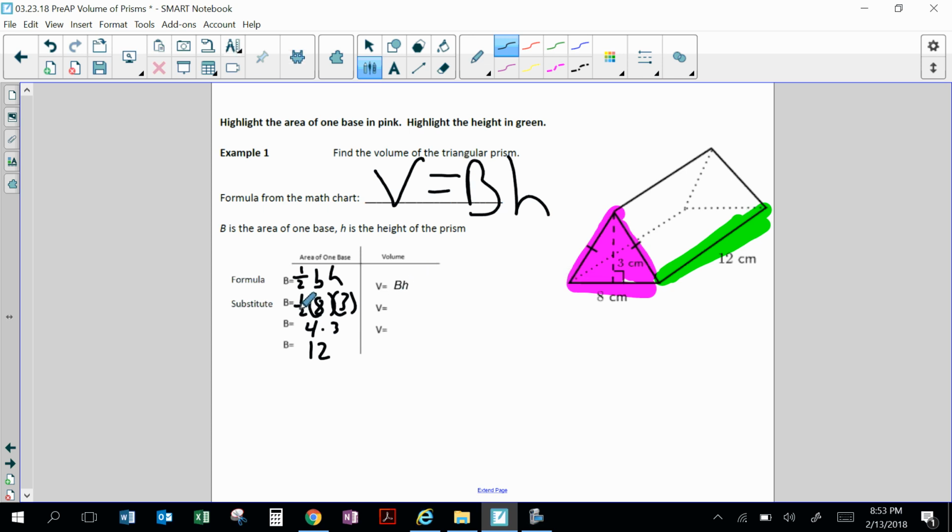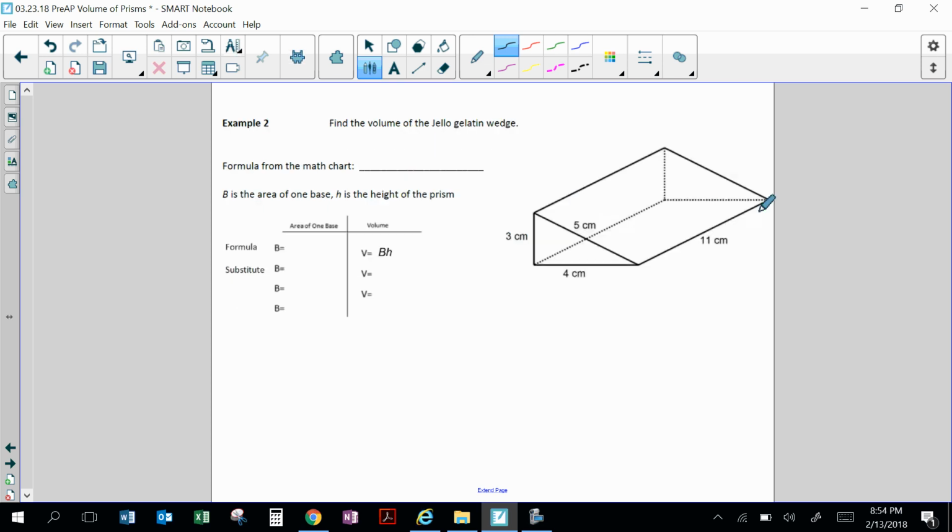Now, so we know capital B is 12 times, what's the height of the triangular prism? 12. So 12 times 12 is 144 cubic centimeters. So what I did is I found the area of one of the bases times its height. That's what big B stands for.